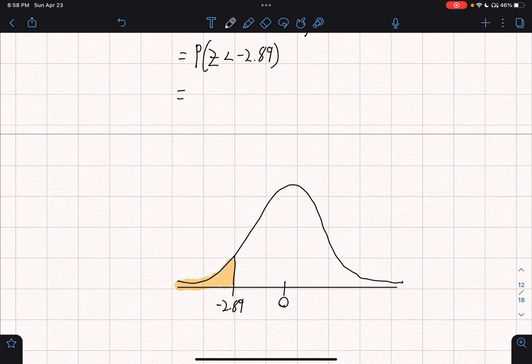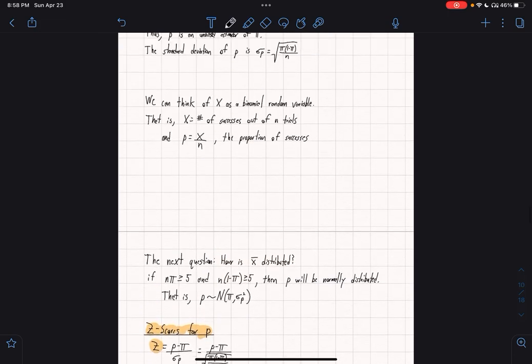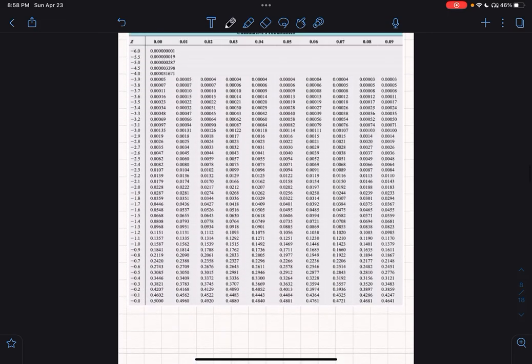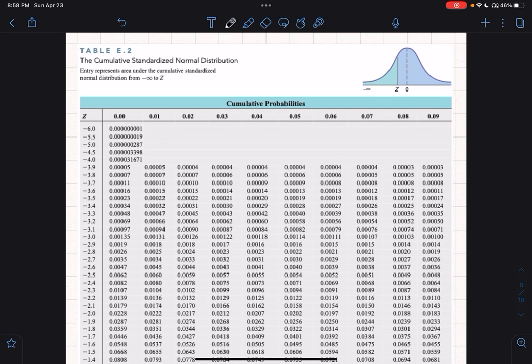Since we have a negative value, I'm going to use our negative table, and I'm interested in this area.